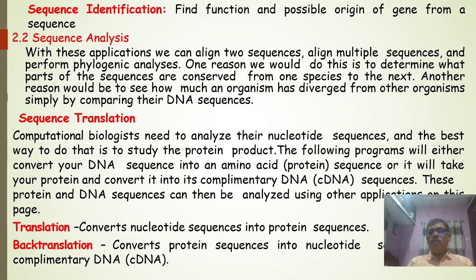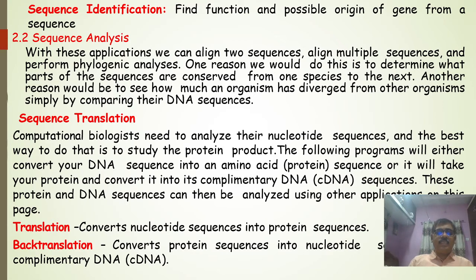One reason we would do this is to determine what parts of a sequence are conserved from one species to the next species. Another reason would be to see how much an organism has diverged from another organism by simply comparing their DNA sequences. It means that for two closely related organisms, their DNA sequences can be compared, and you can come to a conclusion how much that organism has diverged from the original one.